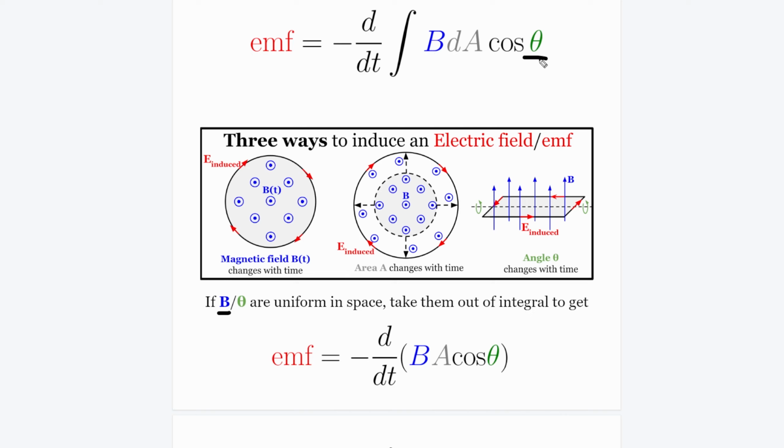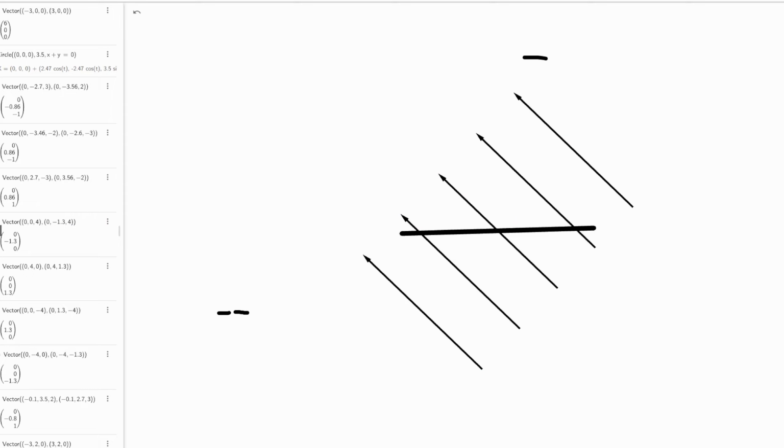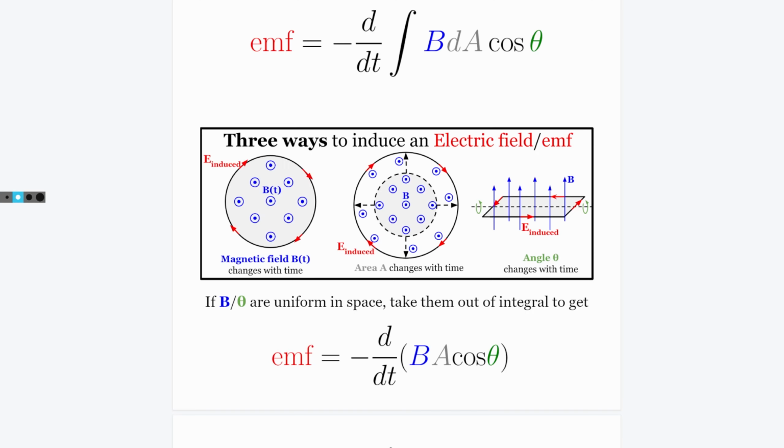So that's cool. And if your theta doesn't depend on space, like if your angle is always in the same direction, even though there's an angle, it's always the same angle all the way through, it's uniform, you can smuggle that out of your integral, and that can just come out front. And what you'd be left with is negative d/dt.